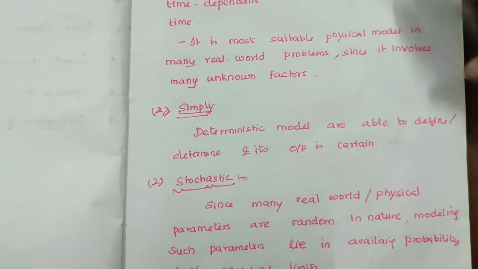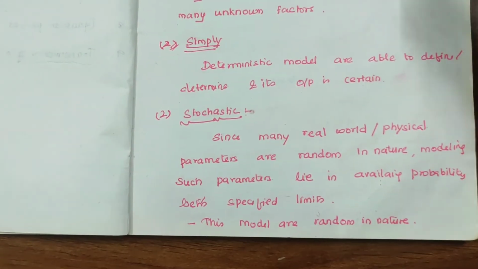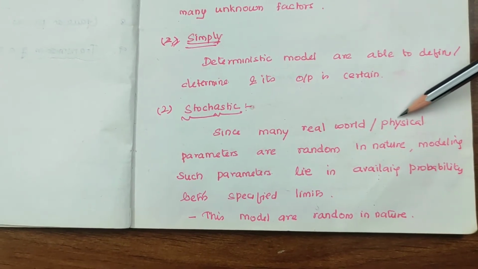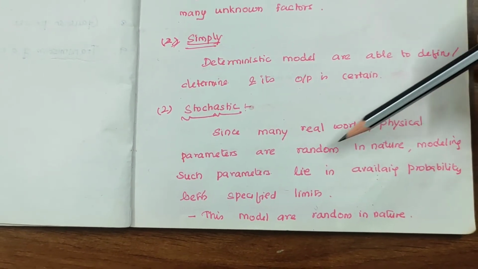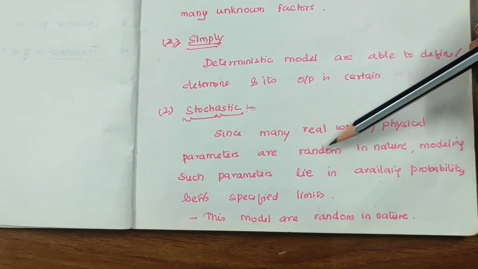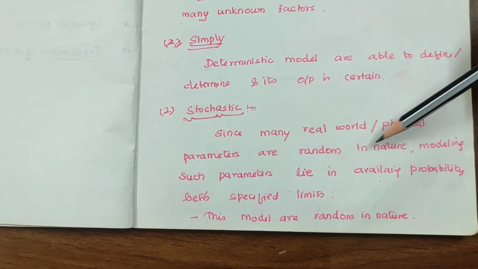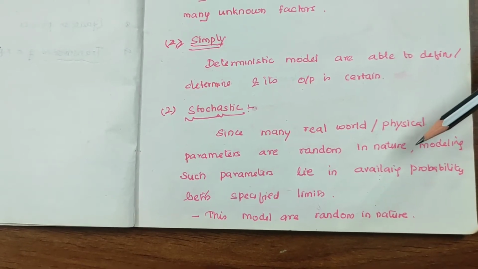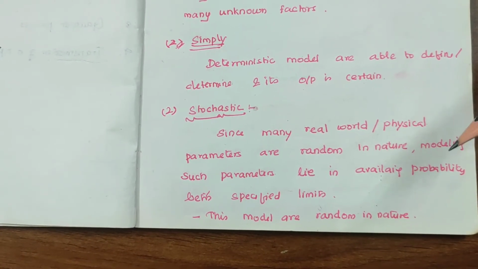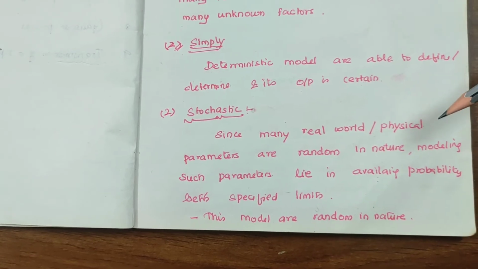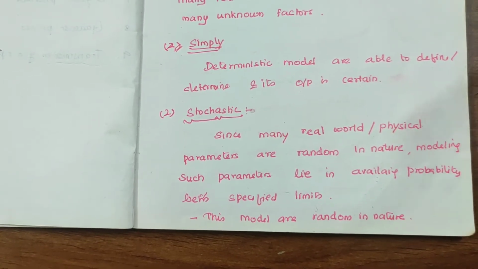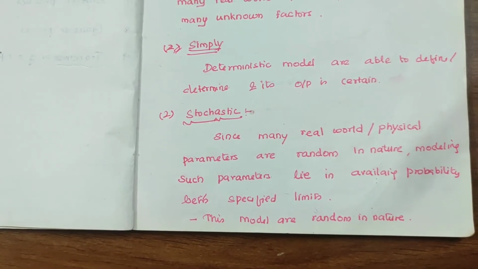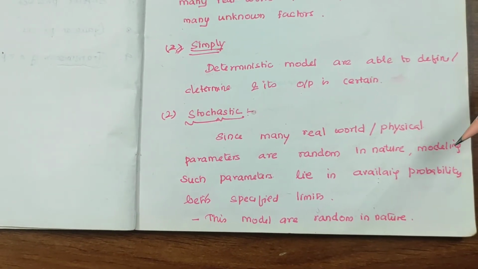So what is a stochastic model? Here the real world scenario or physical parameters are random in nature, and we can't predict them because they are natural phenomena. Examples are voice, temperature and humidity, which cannot be predicted because they are always changing from time to time.